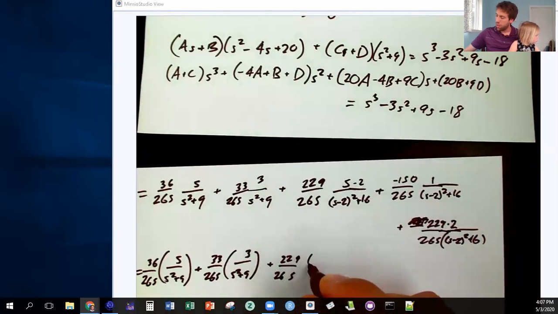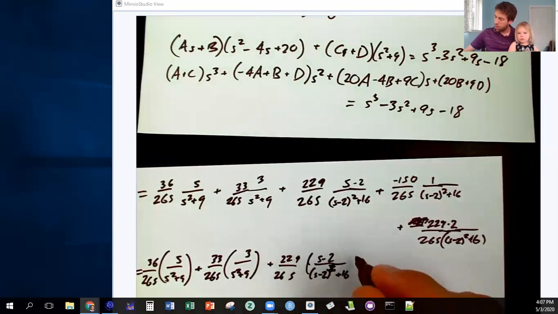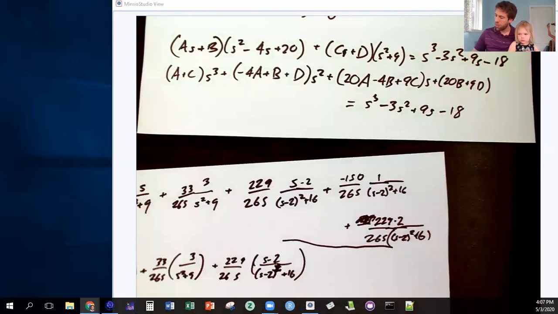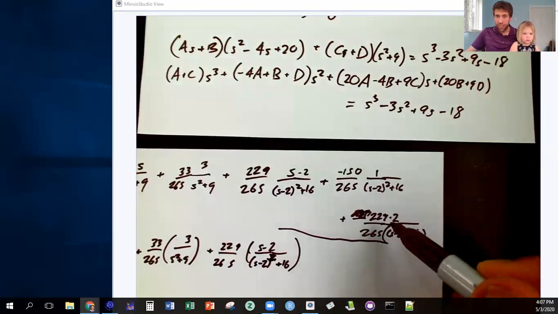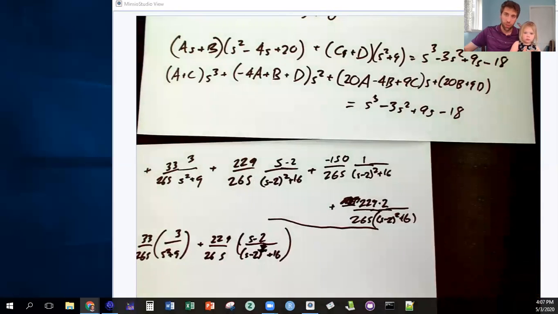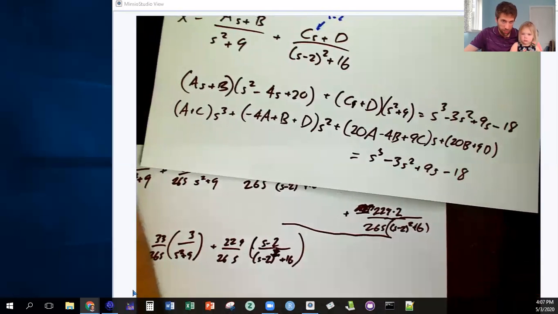Times s minus 2 over s minus 2 squared plus 16. And then, let's see, 229 times 2 minus 150 is, let's bring up a handy dandy calculator. How about that, Eliza? Will that cheer you up to see a calculator?